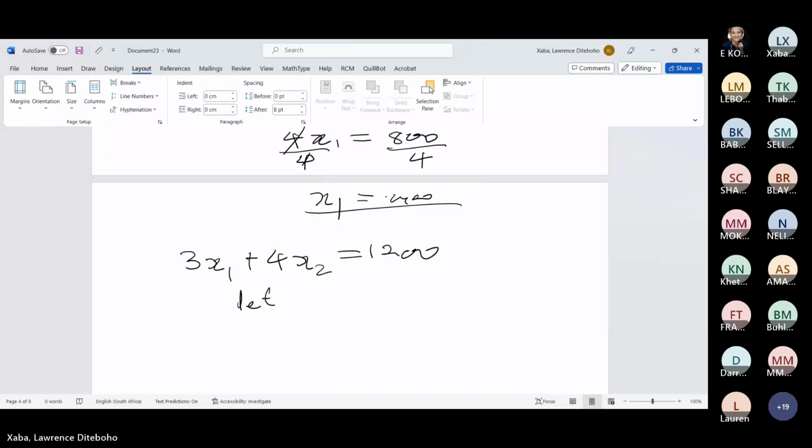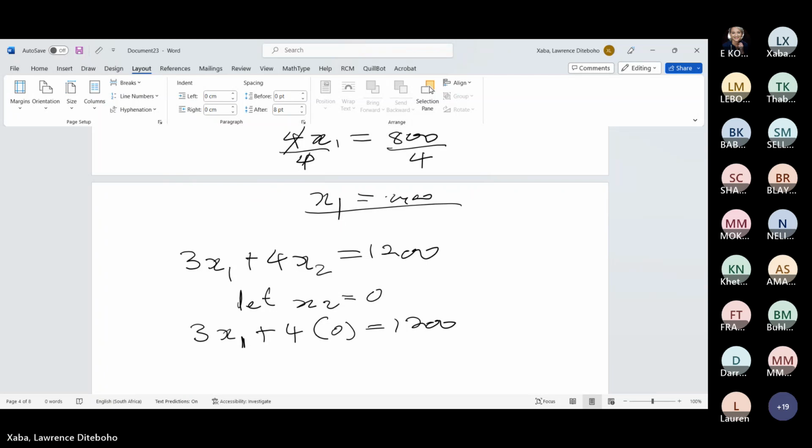Let x2 equals to 0. Why? Because we want the exact value of x1. When we do that, we say 3x1 plus 4 times 0 equals to 1,200.